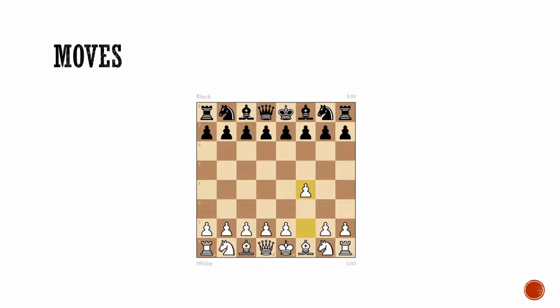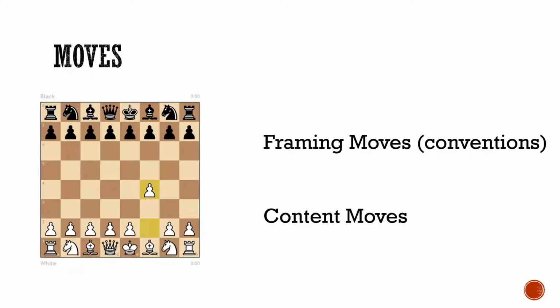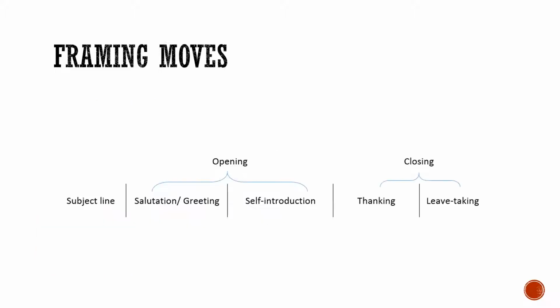The moves that are the same, we're going to call those framing moves. And the moves that do change, we'll call those content moves. In this part, we're going to be looking at the first, the framing moves.